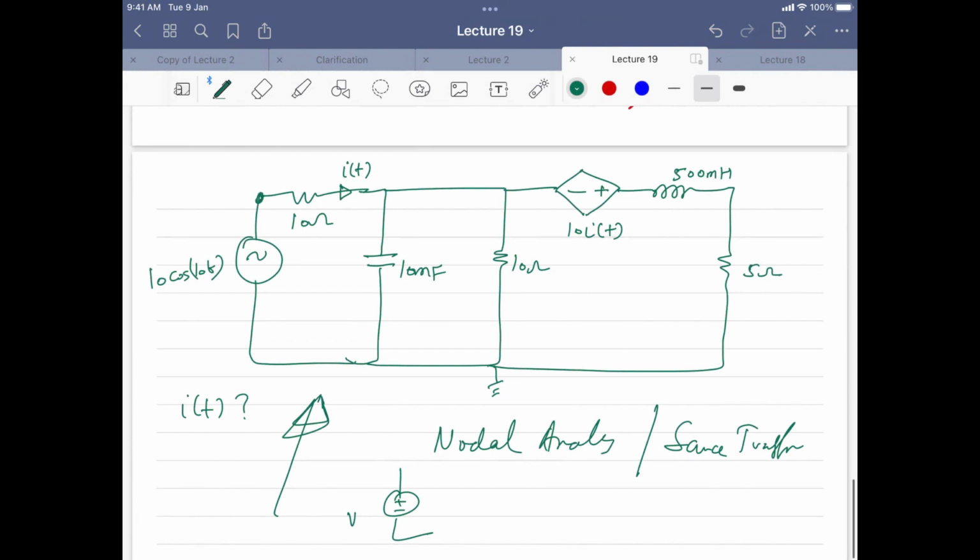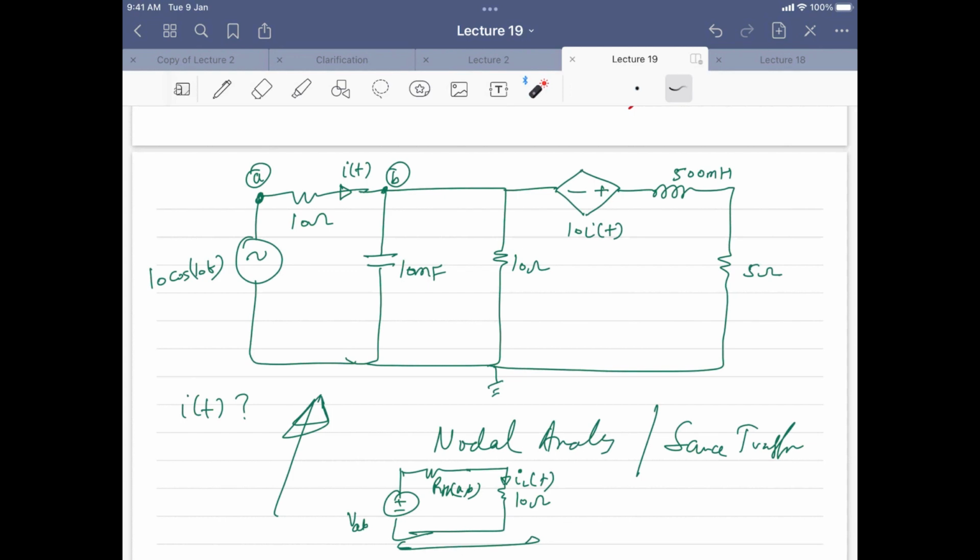Let us say this is A, this is B. So you will find VTH across AB, then you will find the RTH across AB, and then you will put the 10 ohm resistance back onto the circuit, and then you will calculate the current across this. Getting my point? So you can do these types of questions through Thevenin also. Try to see which one is easy, which one is not.